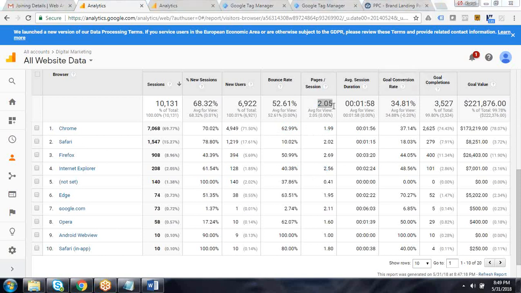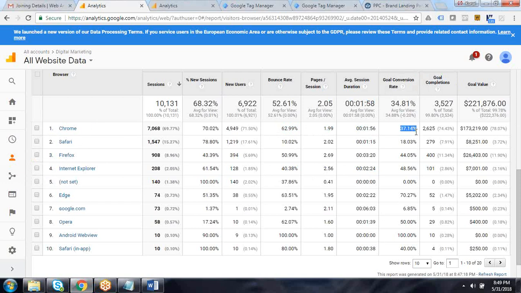On average, people spend around 2 minutes on my blog. When users use the Chrome browser, they spend a little less than 2 minutes, a little less than average. Whereas from IE, people actually spend more time than average, around 2 minutes 24 seconds. Conversion rate from my blog overall is 34.81.